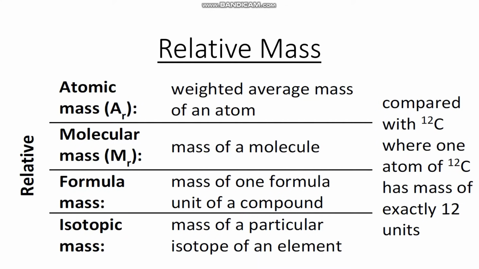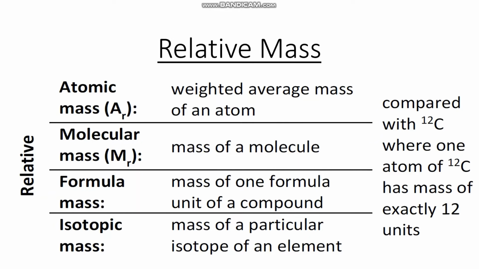Relative atomic mass is the weighted average mass of an atom compared with carbon-12, where one atom of carbon-12 has mass of exactly 12 units. Relative molecular mass, which is also represented by Mr, is the mass of a molecule compared with carbon-12, where one atom of carbon-12 has mass of exactly 12 units.